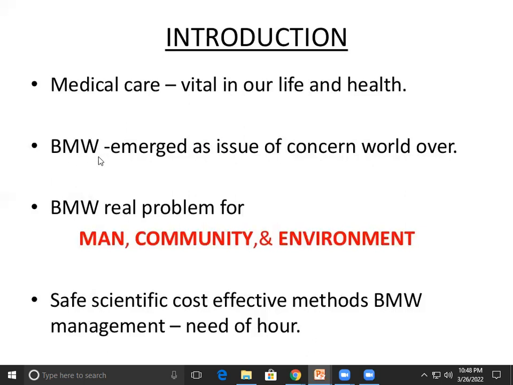BMW, what is it? Biomedical waste, which is a real problem for man, the community, and the environment. It will affect the environment and human beings, spreading different diseases through infections, bacteria, and viruses.